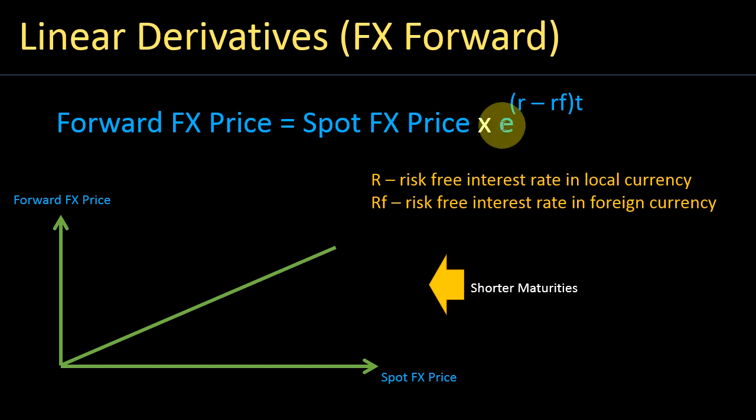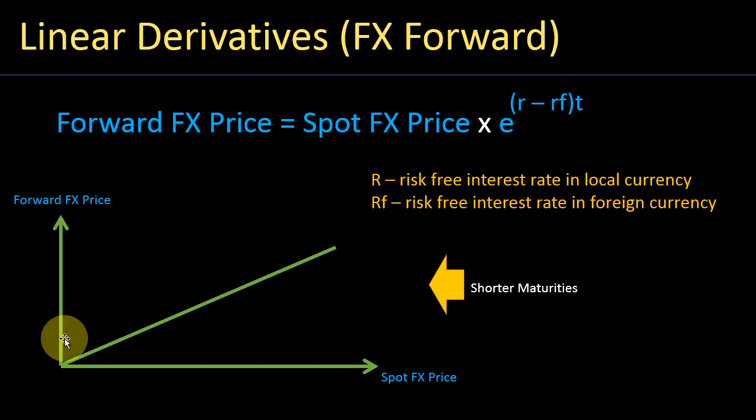Now for shorter maturities, let's assume very short maturities, let's say it's a 1 month contract. For shorter maturities, on a daily basis, the interest rates don't change much compared to the spot FX price. So for shorter maturities, we can say that the change in the forward price can be approximated.